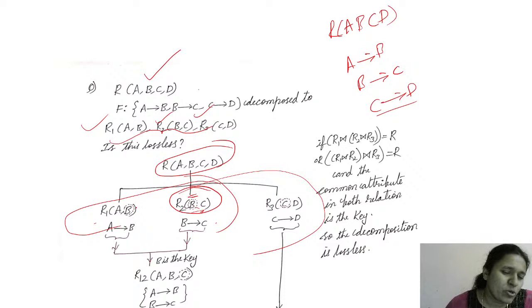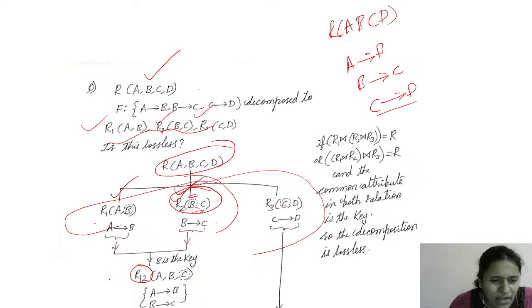The common attribute should be a candidate key of any of the two relations R1 or R2. Here B is the key of the relation R2 because B is determining C, right? Now we can combine these R1 and R2 relations.